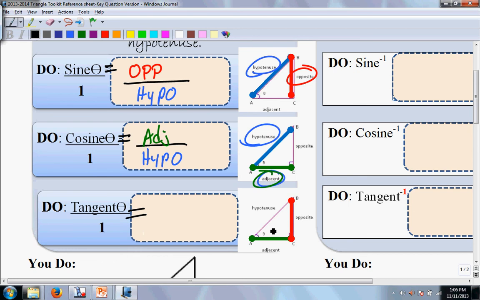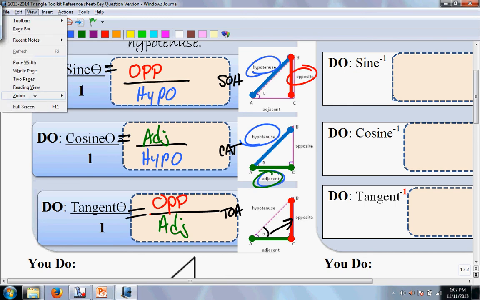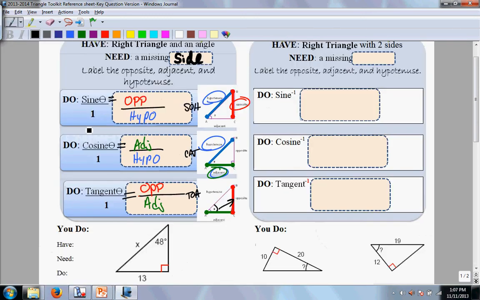Tangent, theta over 1, is going to equal opposite over adjacent. So you should be able to define all three of those. Then you need to show that you can apply this.